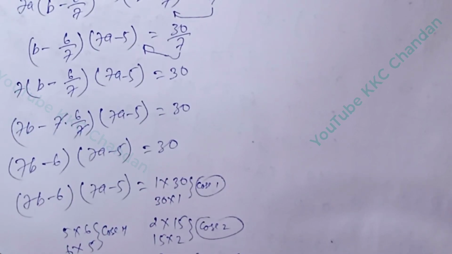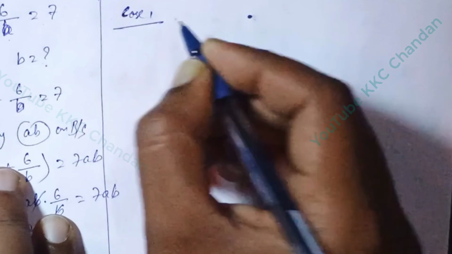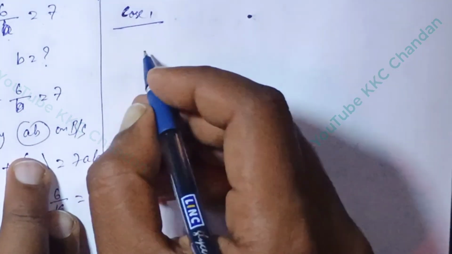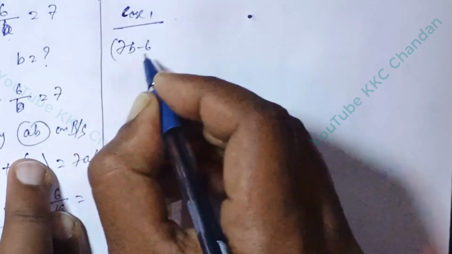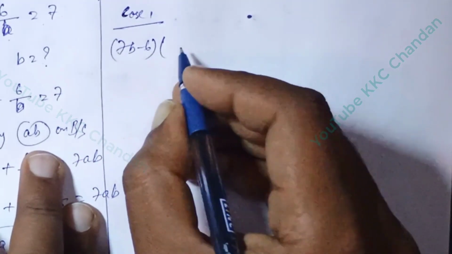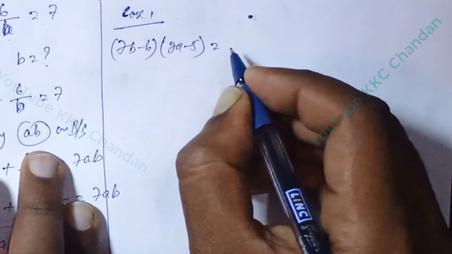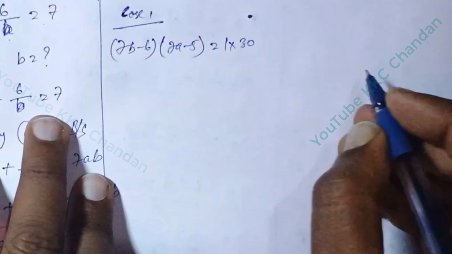Next step, case 1. 7b minus 6 into 7a minus 5 is equal to 1 into 30.